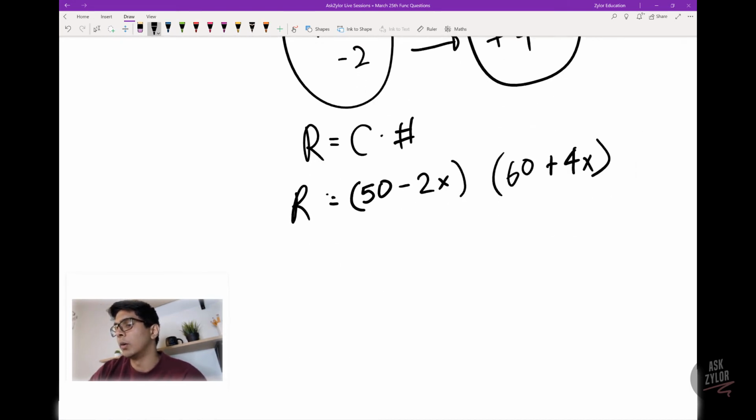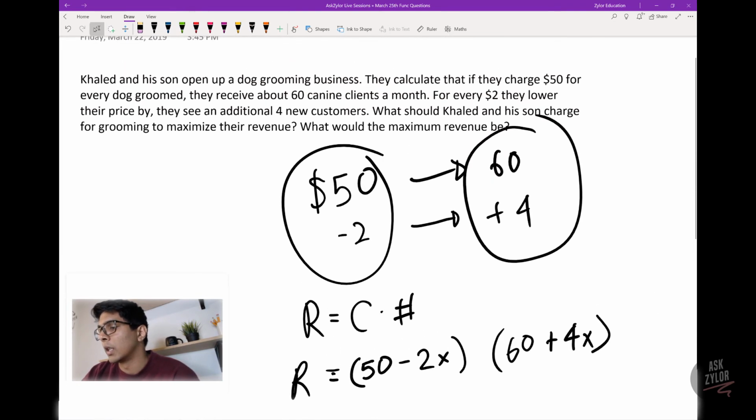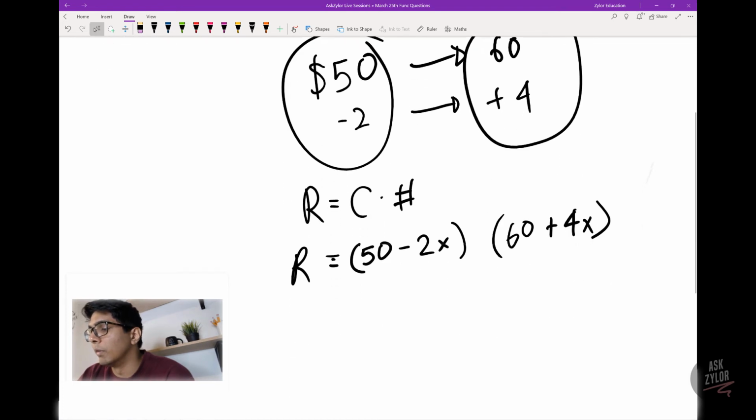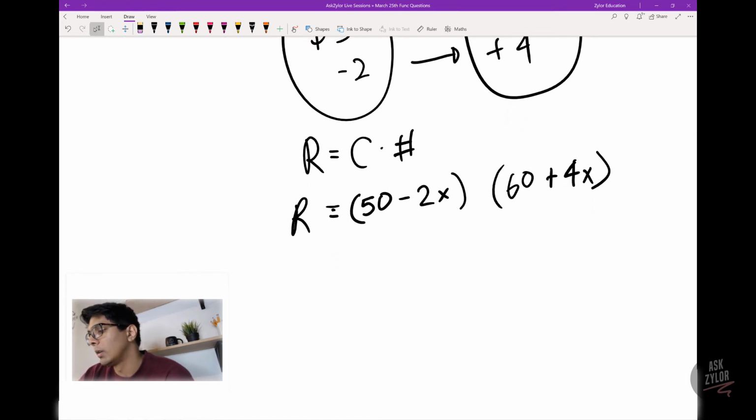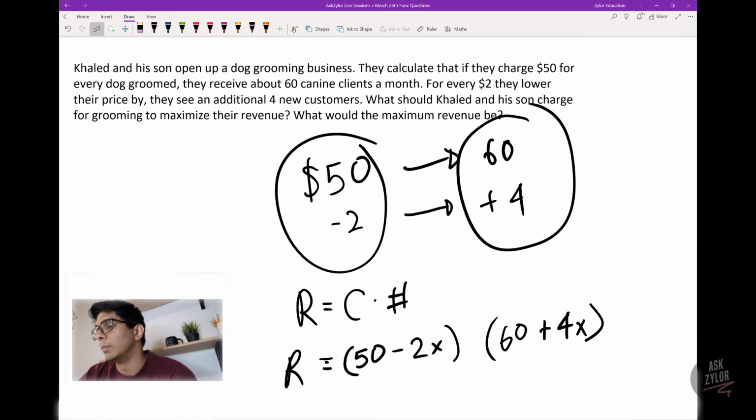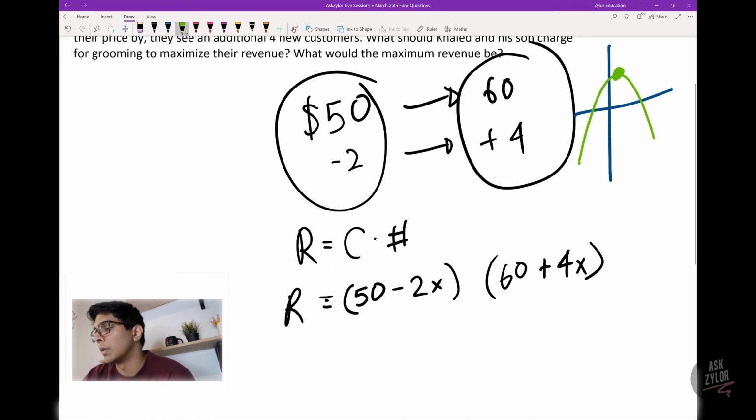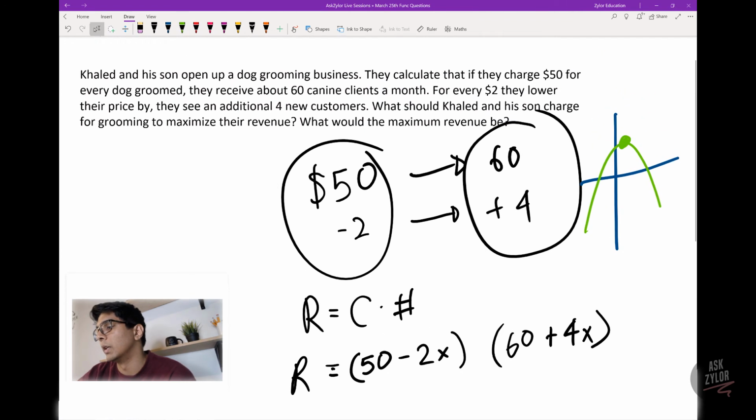So what I'm going to go ahead and do is, they're trying to ask me what they should do to maximize their revenue. What should the maximum revenue be? So my maximum revenue is going to be when this function is at a max. Right? So I need to try and find the vertex of this function, because this is my revenue function.